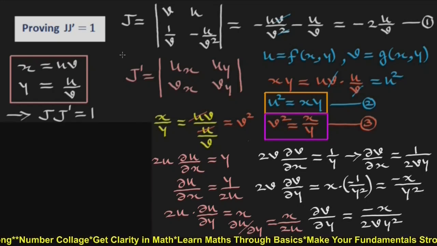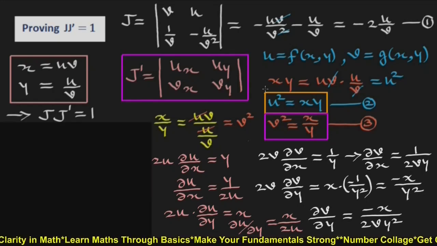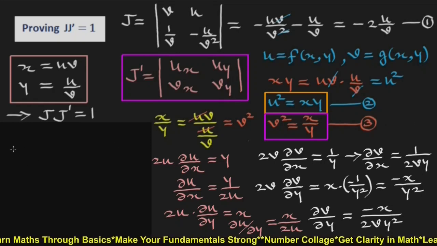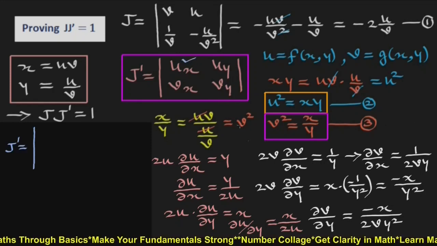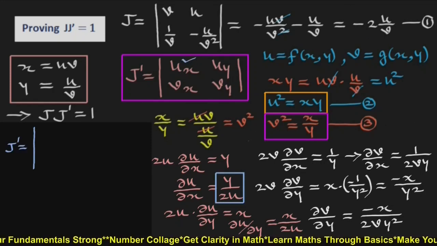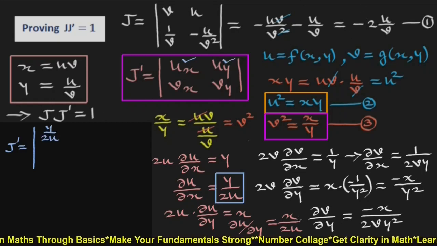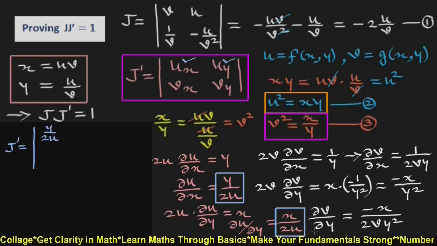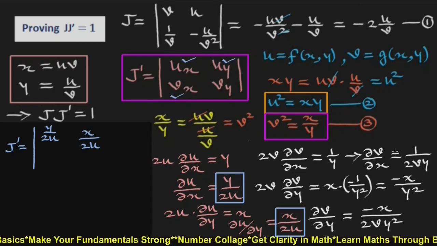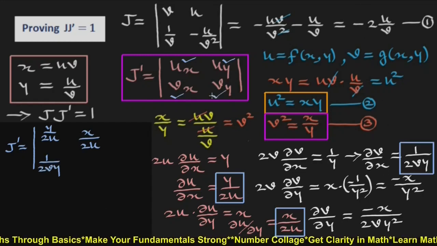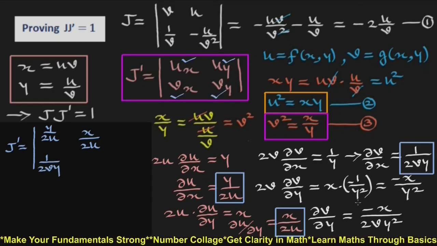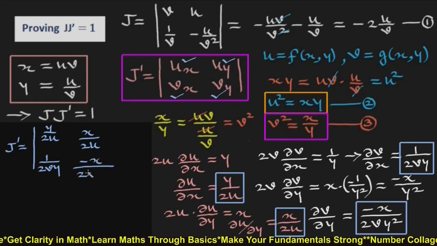Let us substitute the values in this determinant of J'. So it will be determinant u_x, which is y upon 2u, u_y, which is x upon 2u, v_x, which is 1 upon 2vy, and v_y, which is minus x upon 2vy square.